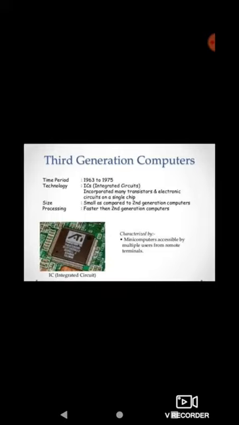These chips will incorporate many multiple transistors. As the generation of computers advanced, the speed increased and the size reduced. In this third generation, what was the technology? ICs, integrated circuits.